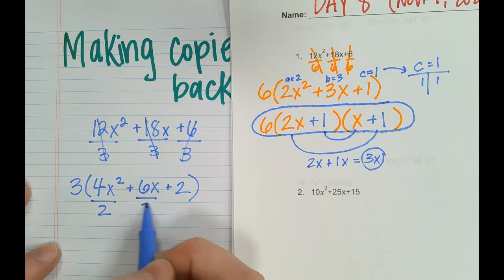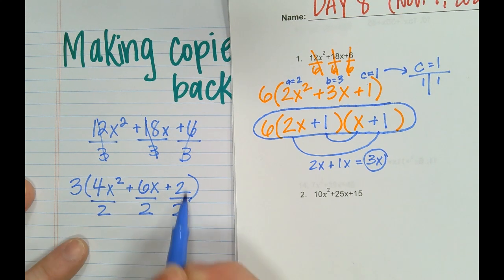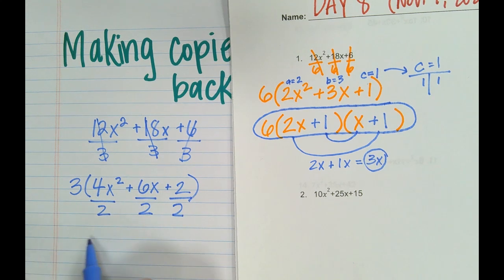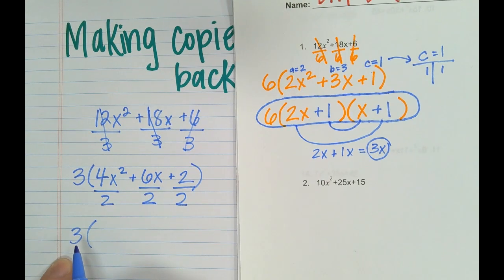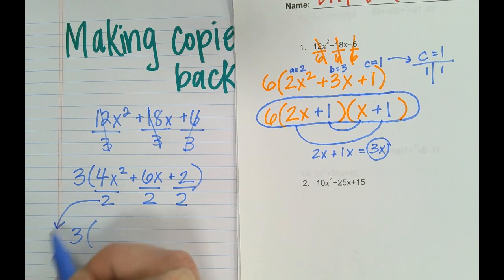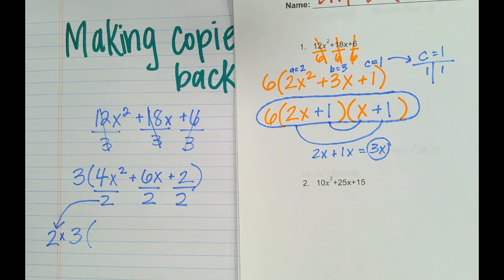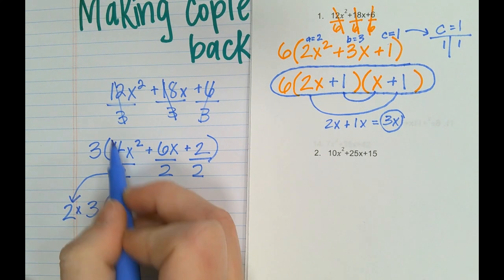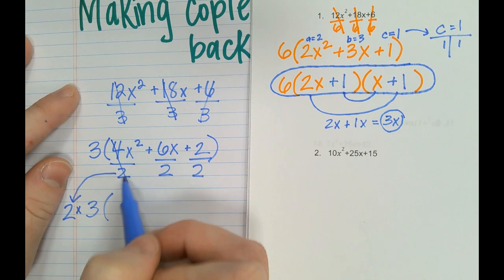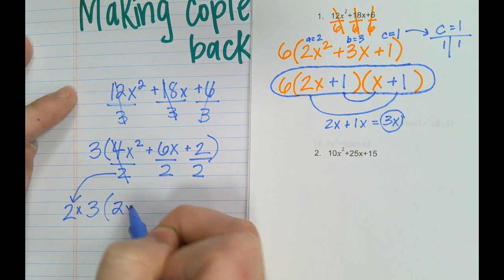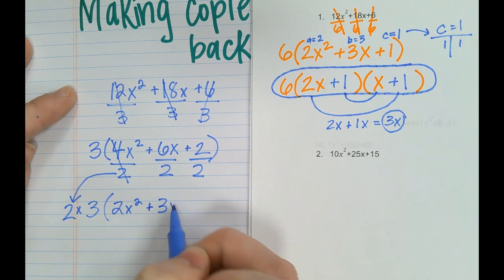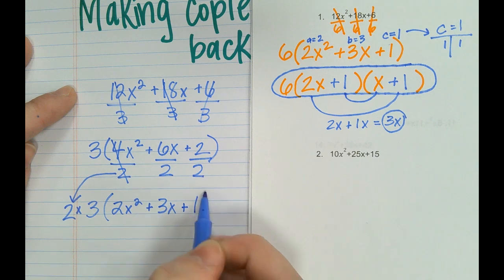So then we'd have to keep going. We'd need to divide everything by 2. And since we're dividing everything by 2, and we already have a 3 on the outside, I would need to put that out here as well. You see that? So it's a rabbit hole. 4 divided by 2 is 2x squared. 6 divided by 2 is 3x. 2 divided by 2, 1.